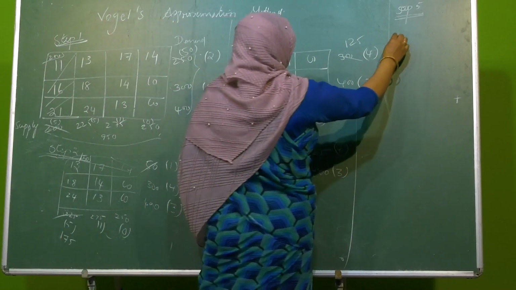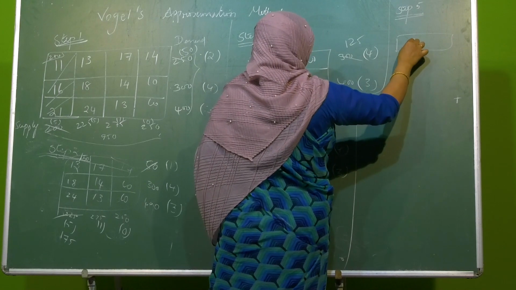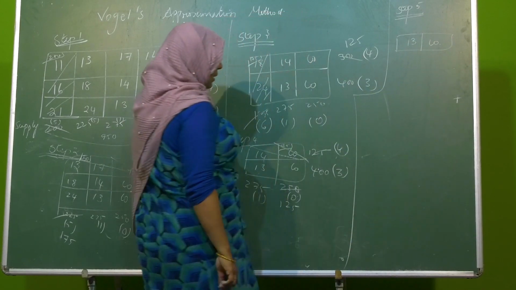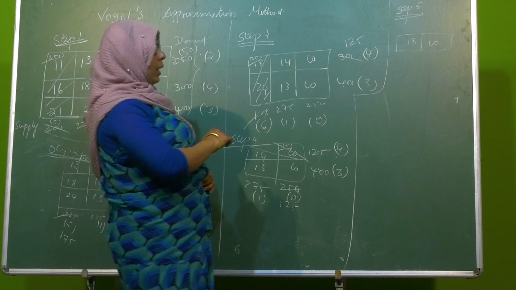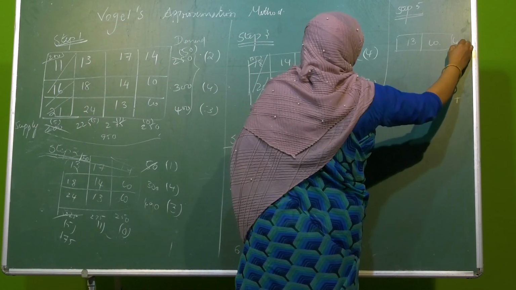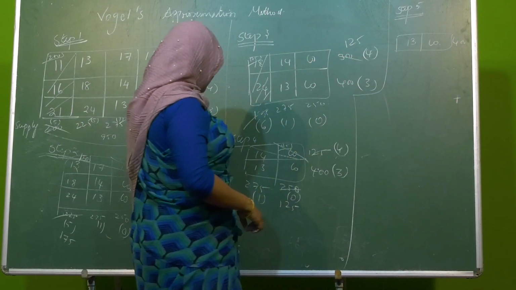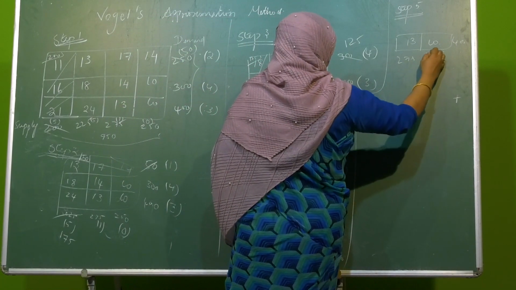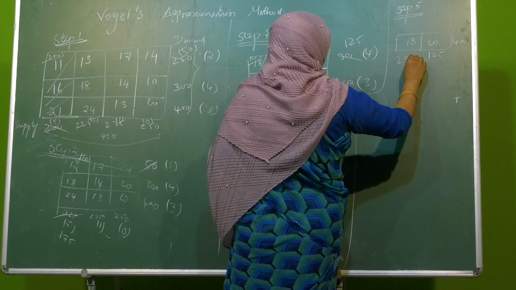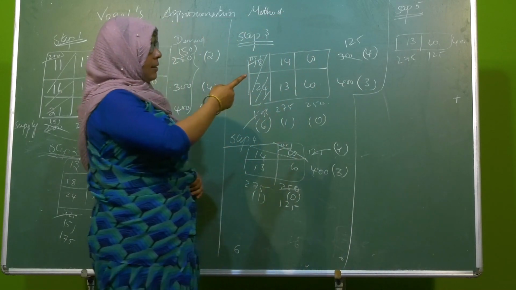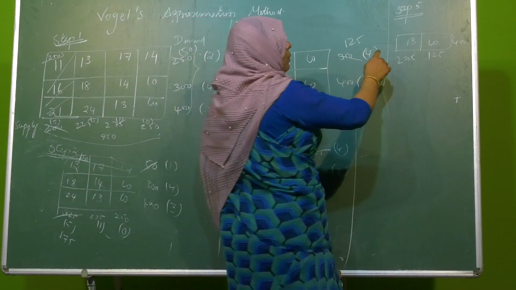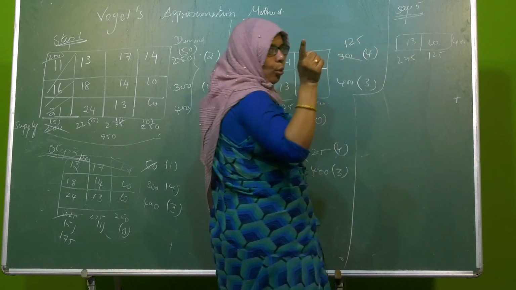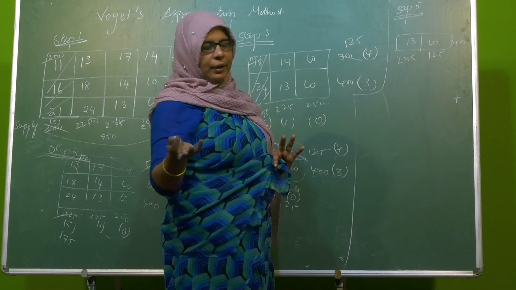So the remaining row, only one row is there, that is 13 and 10. The row demand is 400 and the column supplies are 275 and 125. Among these, we are having only one row, so no need to find the difference.